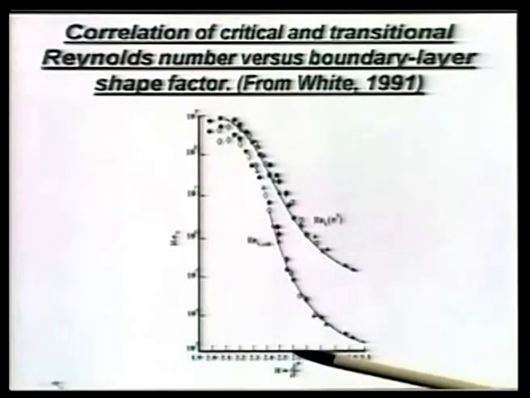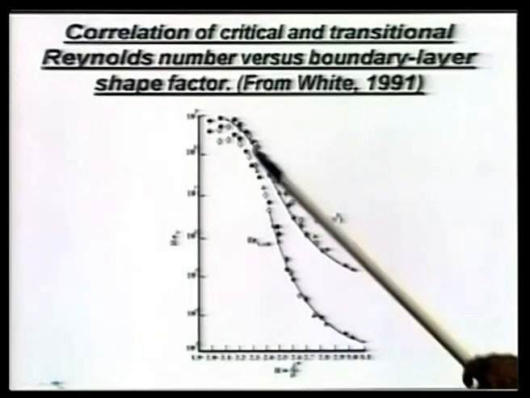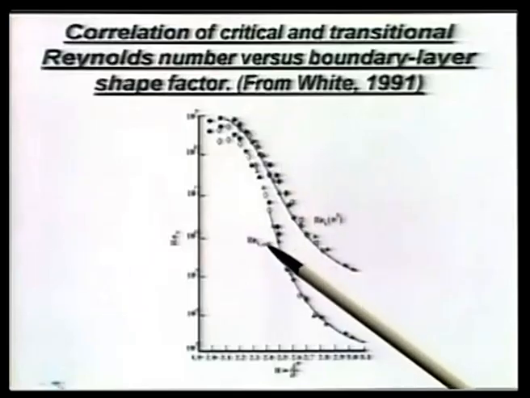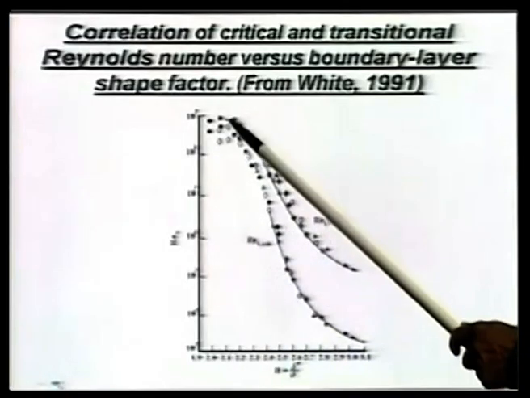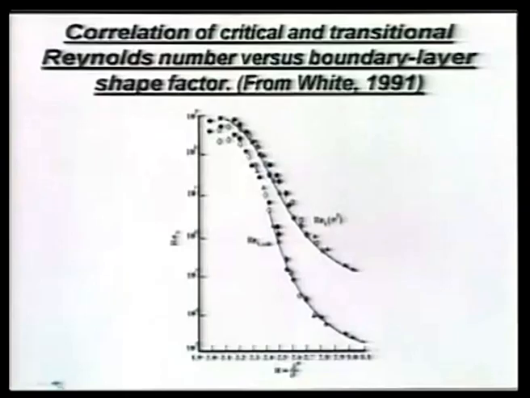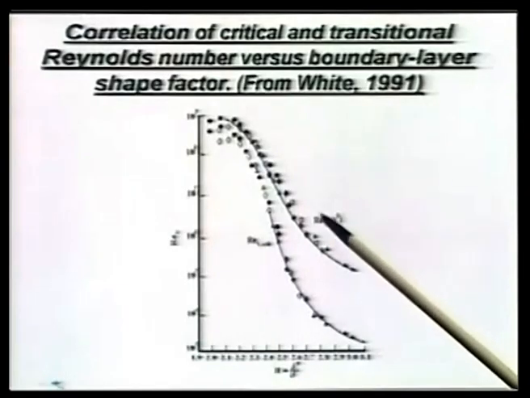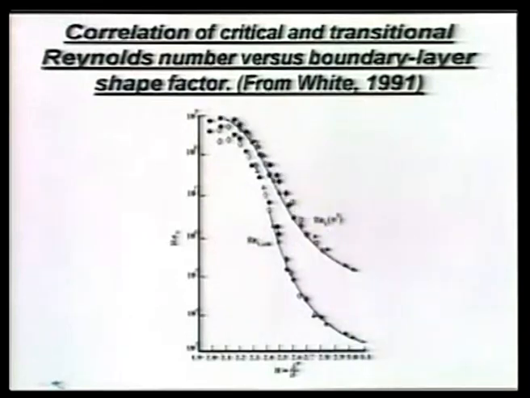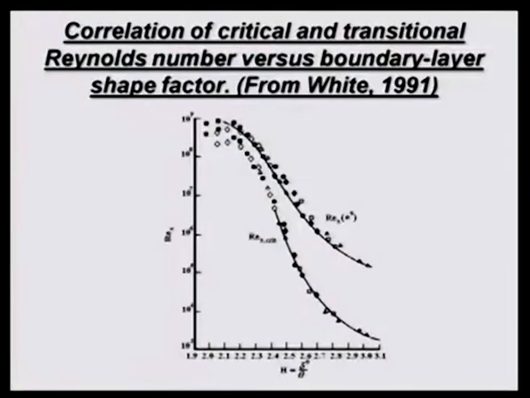Depending on the value of H, if H is smaller, then you can see that this critical and the transition point calculated from e to the power 9 kind of come closer, but they seem to open out. What does it imply actually? This is just the opposite to what we have been talking about.